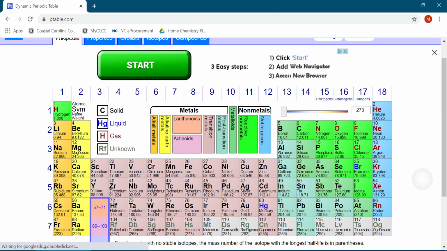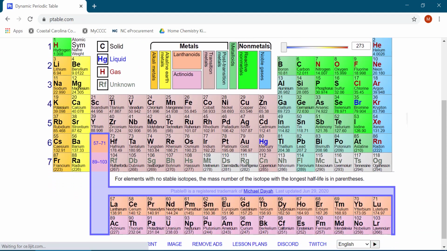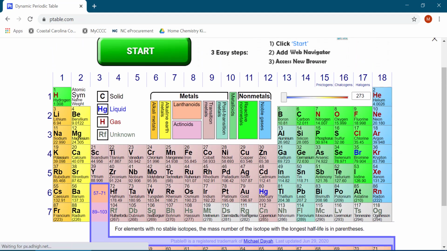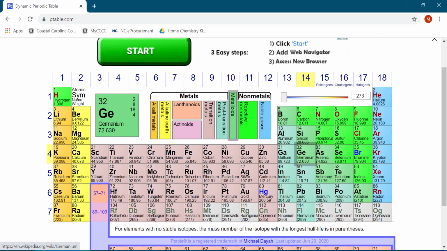Okay, and this is fine. It tells you the names, it gives you all this stuff, tells you the states. The stairs are right here. That's the stairs. So you have these metalloids, kind of down below boron, silicon, arsenic, tellurium, and astatine.